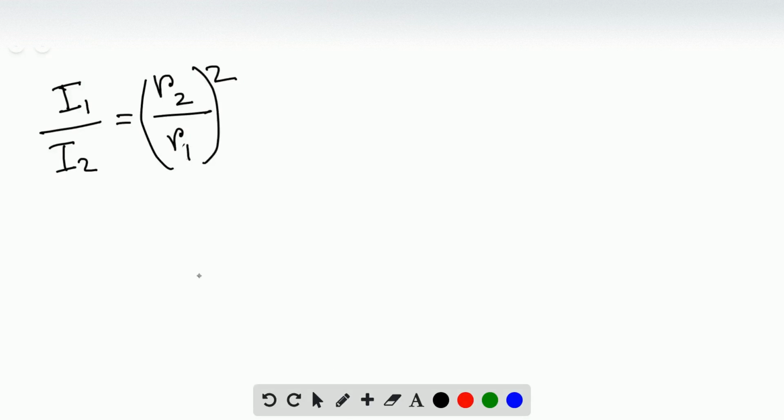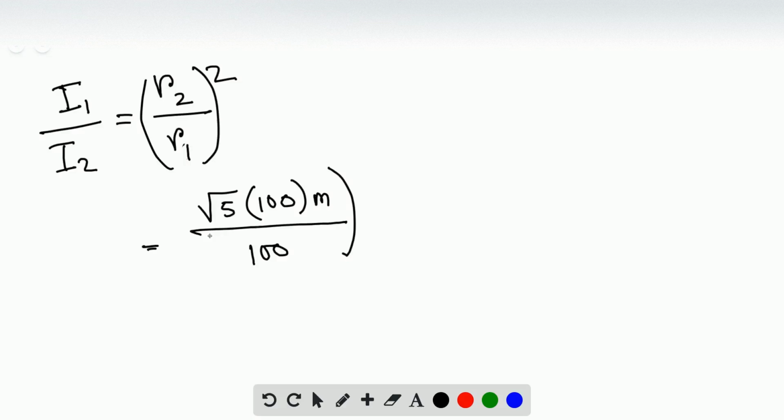Okay, now we know that R2 is square root of 5 times 100 meter, and R1 is 100 meter. So that gives us this quantity, and if we solve for it, we'll get 5 as our answer.